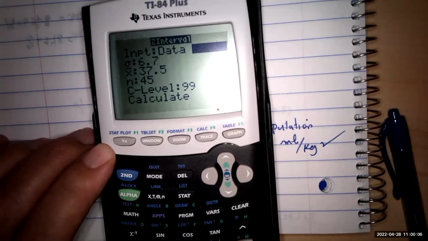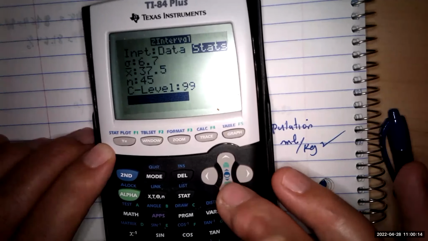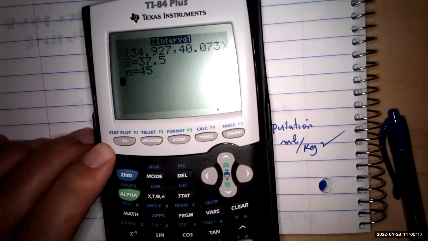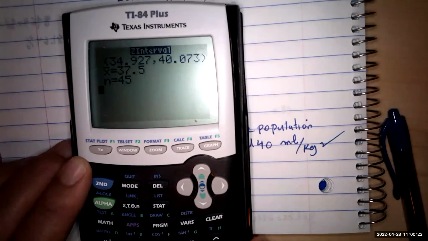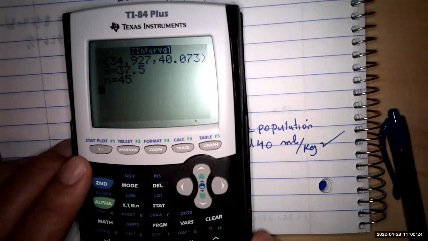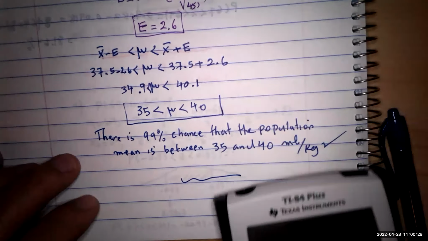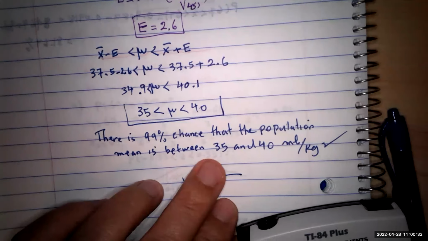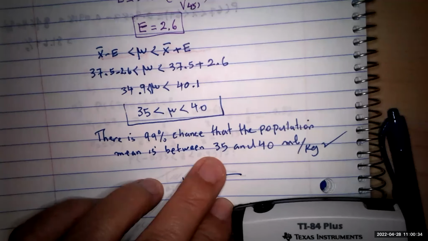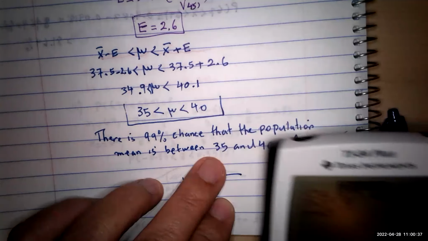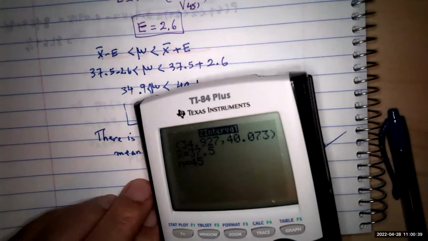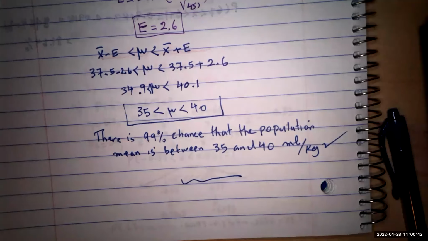That is 6.7, and everything is all right: 6.7, 37.5, 45. Yes, that's it. You see 34.9, which is like 35, and 40.0773. A little bit different, but it's not bad. So 34.9 is like 35, and over here 40.073 is like 40. We get the result right away.